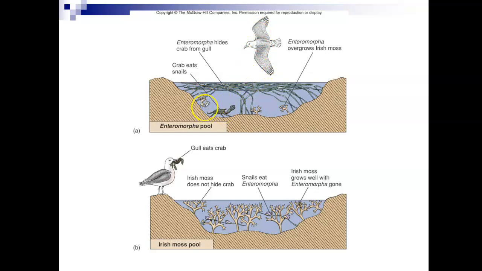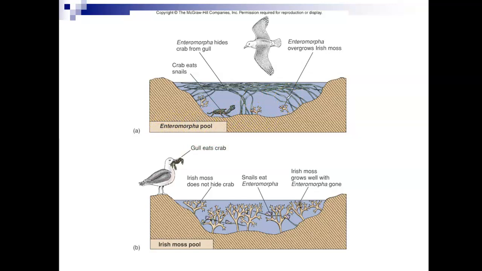And so you have quite a bit of this Enteromorpha, you end up having quite a bit of these green crabs, and they eat quite a few of these snails. And the Enteromorpha ends up overgrowing what's called the Irish moss. And so it ends up forming what we call this Enteromorpha pool, and it's its own self-sustaining pool.